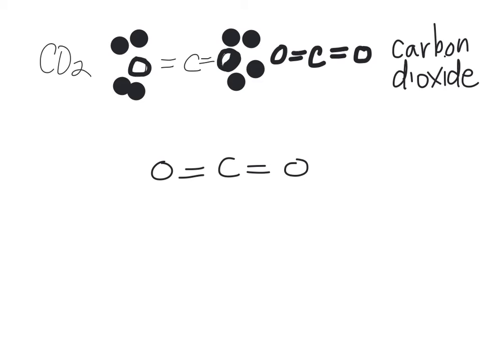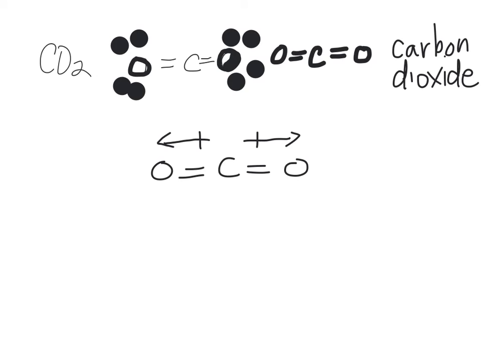So we've got polar covalent bonds, people. Just like water had. Who's the most electronegative? Oxygen. So our bond dipoles go like that. So this has polar covalent bonds, but guess what? They cancel. So you can have polar covalent bonds, but be non-polar overall.